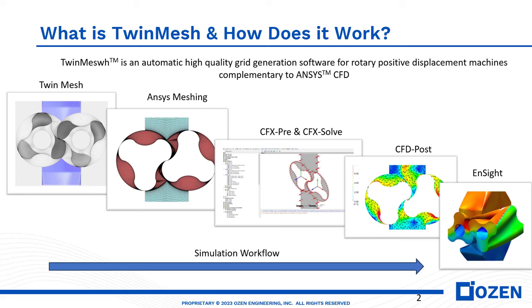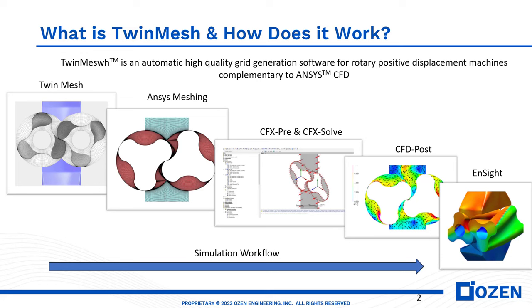The simulation workflow is shown here from left to right. The grid for the machine is generated with TwinMesh. And then the stator grid is brought into the model with an additional tool such as ANSYS Meshing.